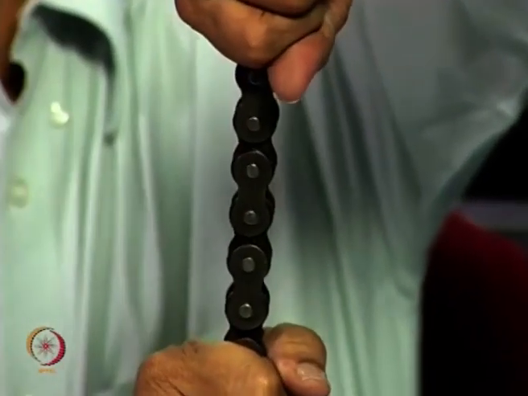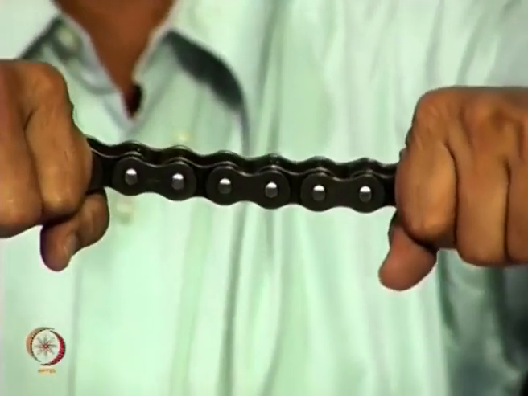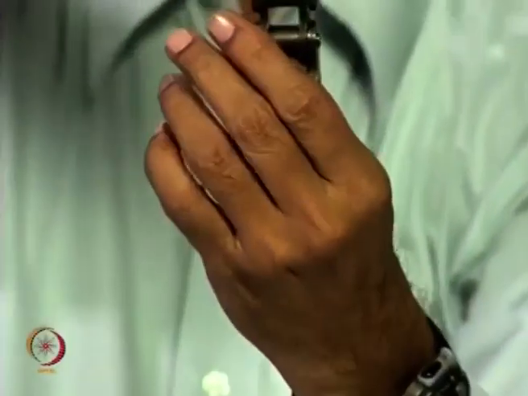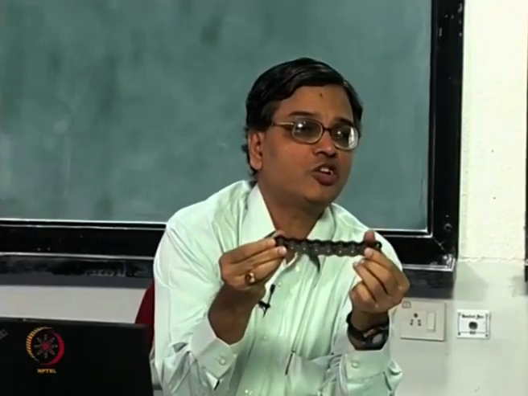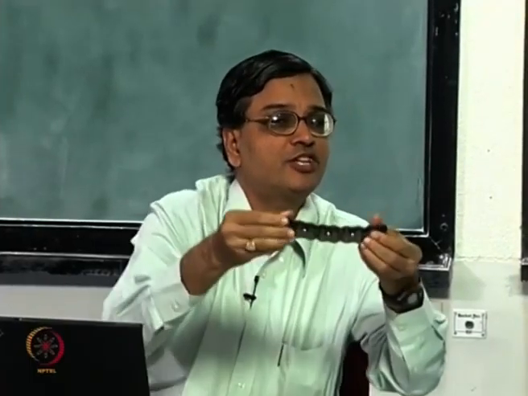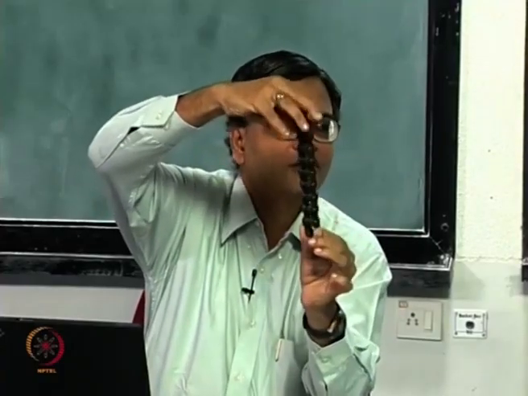Now, I take a very simple example of a chain, and this you have in your bicycle. It is also used in power transmission, and in practice you have two sprockets on either side, and this is subjected to essentially tension in actual service. Okay.